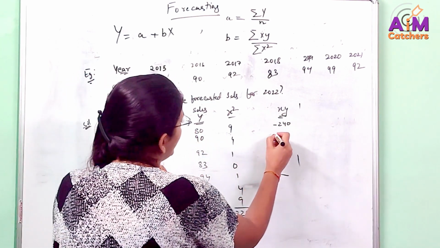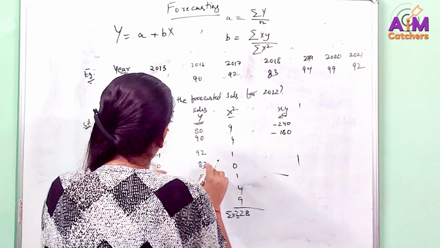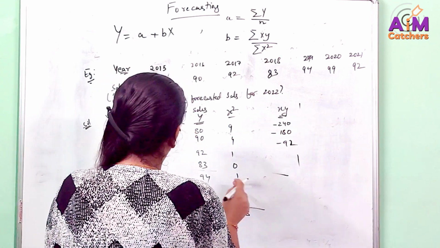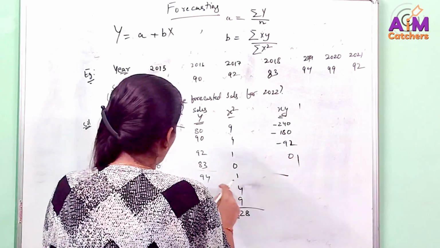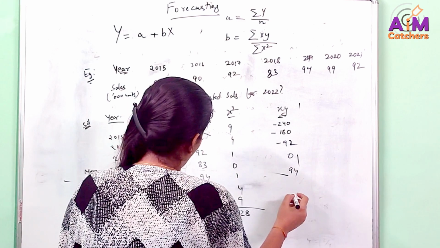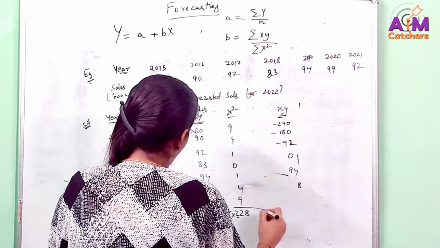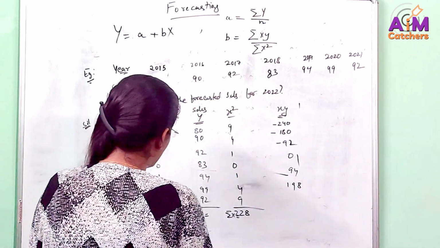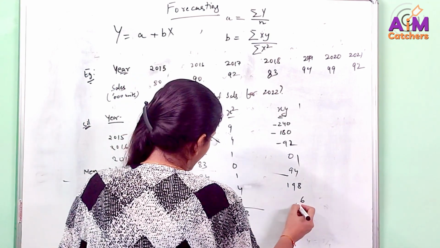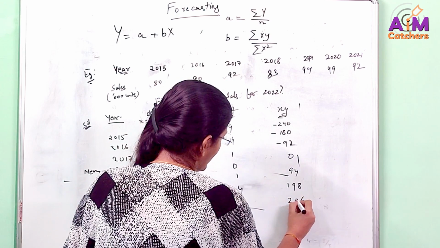Minus 2 into 90, minus 180. 92 into minus 1, minus 92. 83 into 0, 0. 94 into 1, 94. 99 into 2, 198. 3 into 92, 276.